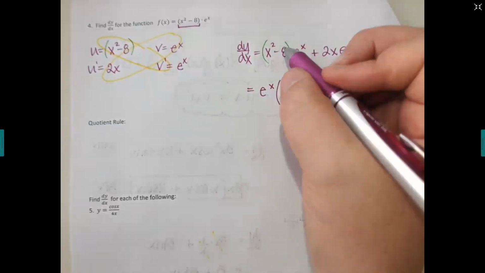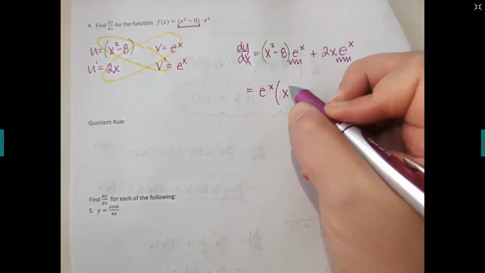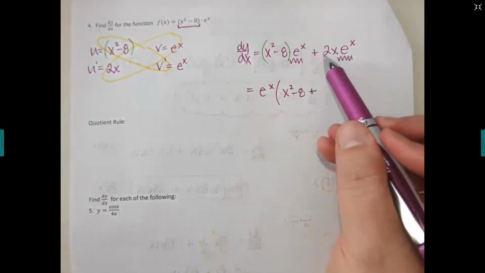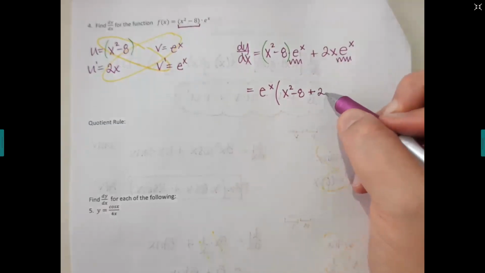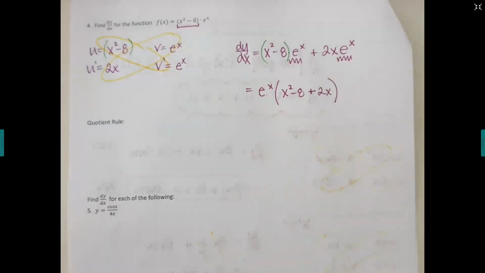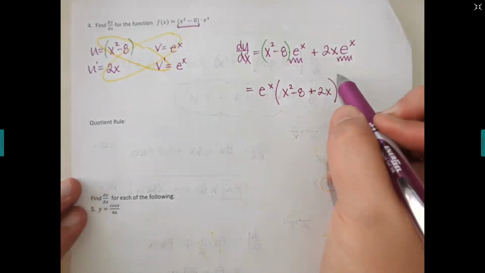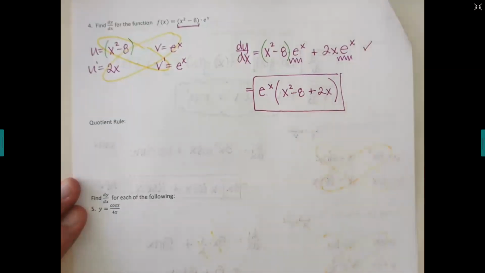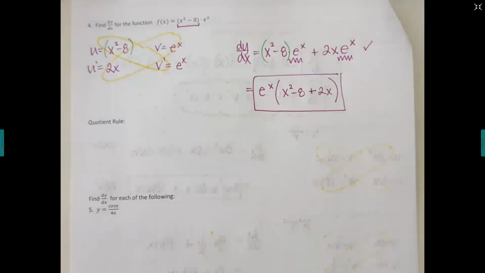What's left over would be an x squared minus 8 plus, and then what would be left over from this term? Just a 2x. Now, if you could combine like terms in here, do it. But I can't, so that's sufficient. However, for Delta Math, this first one is good enough. It would really only be for AP that you would have to go that extra step if you're trying to match your answer to something else.